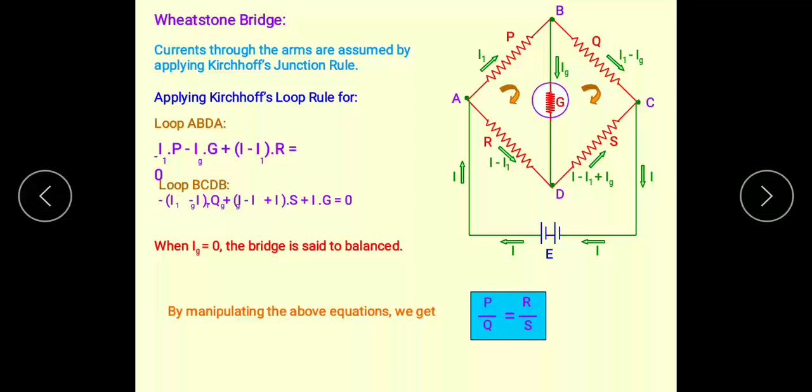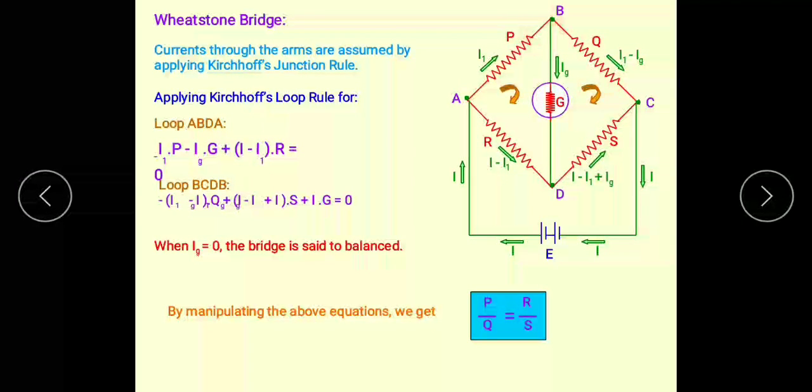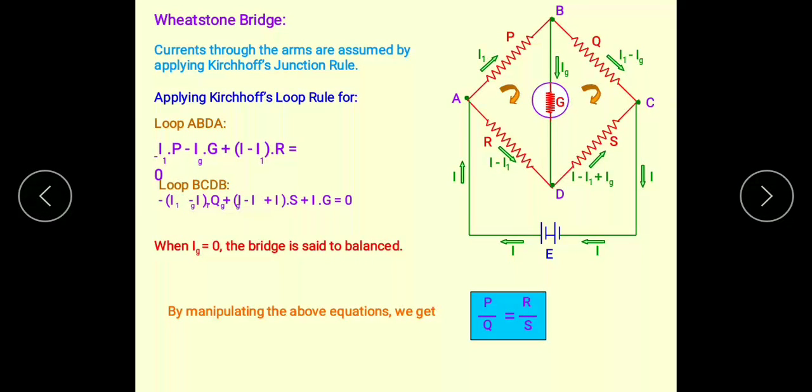In Kirchhoff's law, if we calculate the potential difference in a closed loop, and we add the potential differences, the sum of the potential differences in a closed loop will be equal to 0. We have studied how to calculate the potential difference in a closed loop in the second law of Kirchhoff.